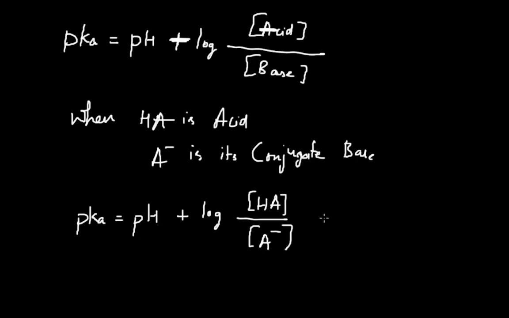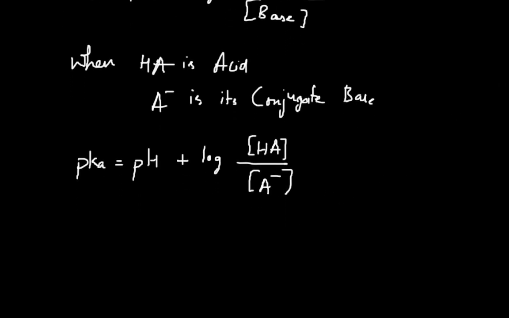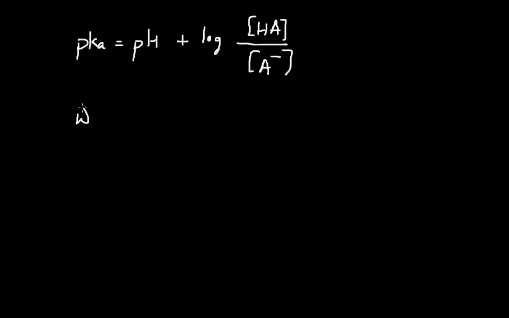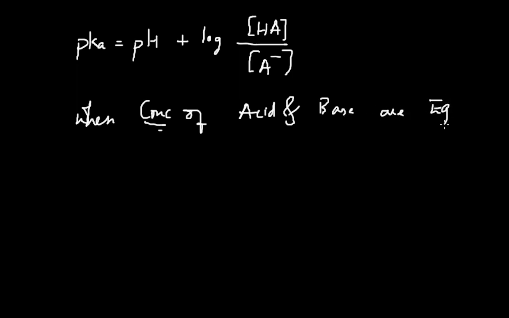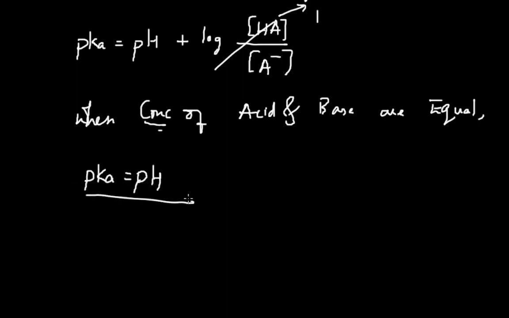This is your Henderson-Hasselbalch equation. When the concentrations of acid and base are equal, this term becomes 1, log of 1 is 0, so pKa becomes equal to pH. This is all you need to know for calculation of isoelectric point. So let us study alanine, a very simple amino acid.